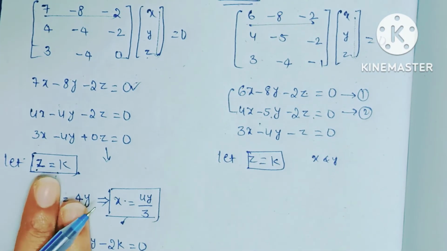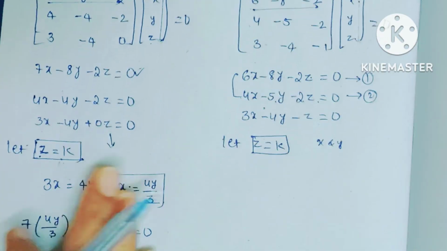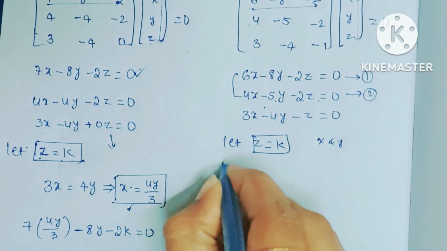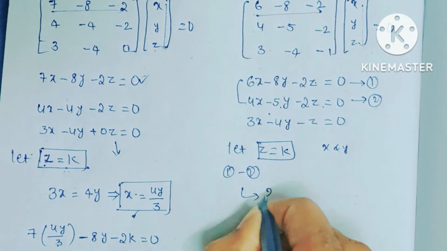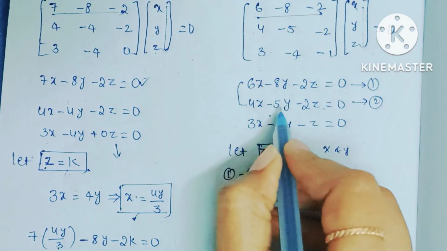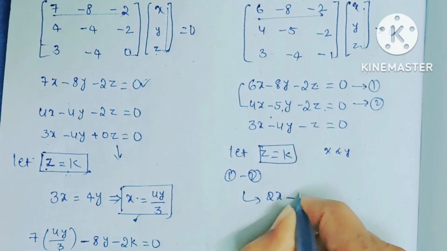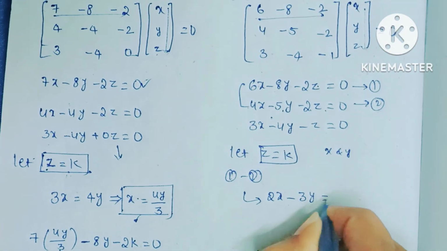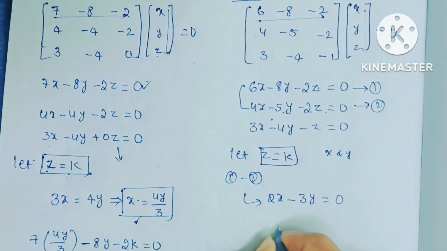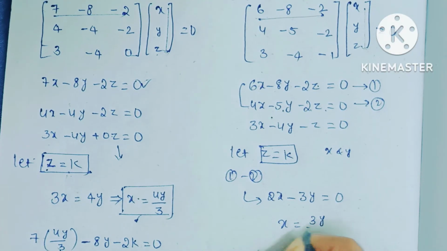So 6 minus 4, 2x, minus 8 plus 5, we will get minus 3y, minus 2z plus 2z is 0. So from here we will get x equal to 3y by 2.